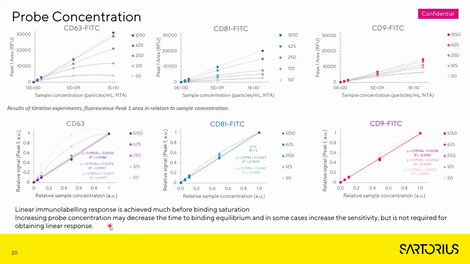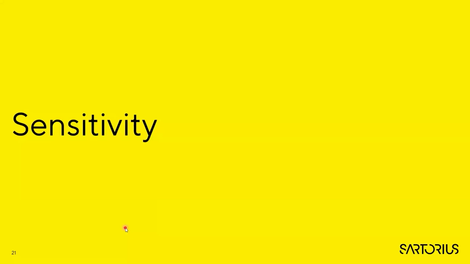However, a higher probe concentration may decrease the time to reach equilibrium, and in some cases increase the sensitivity. But as said, it is not crucially required to obtain a linear response.